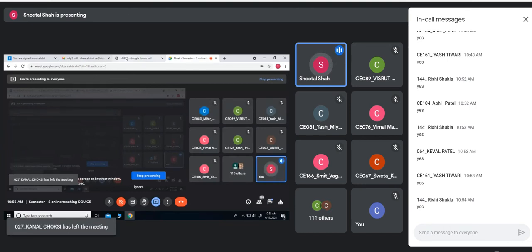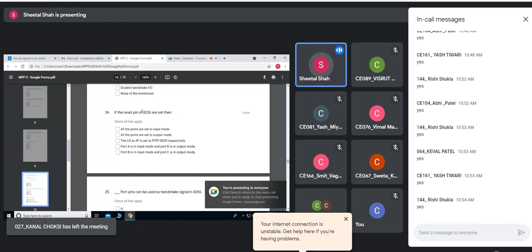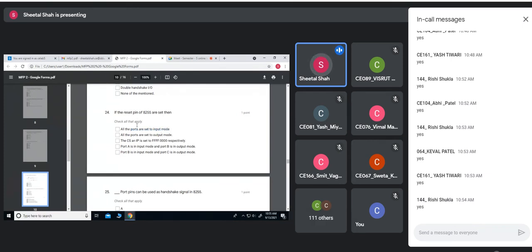So as soon as the 8255 is reset, all the port pins are by default made input mode. Otherwise, if it were set to output mode, the device connected to the port might be damaged.